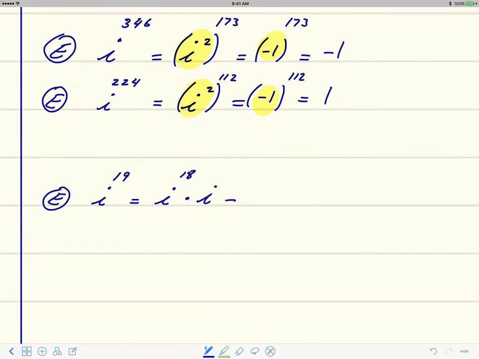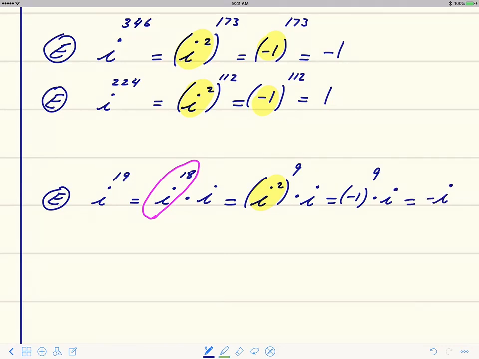And then the portion that's even, this portion over here, we can write it using the technique we just learned, which is i squared to half of that exponent, to the 9 times i. And then that part we can work out, just like we did before. So that's negative 1 to the 9 times i. And negative 1 to an odd exponent is negative. So this is negative i is your answer.